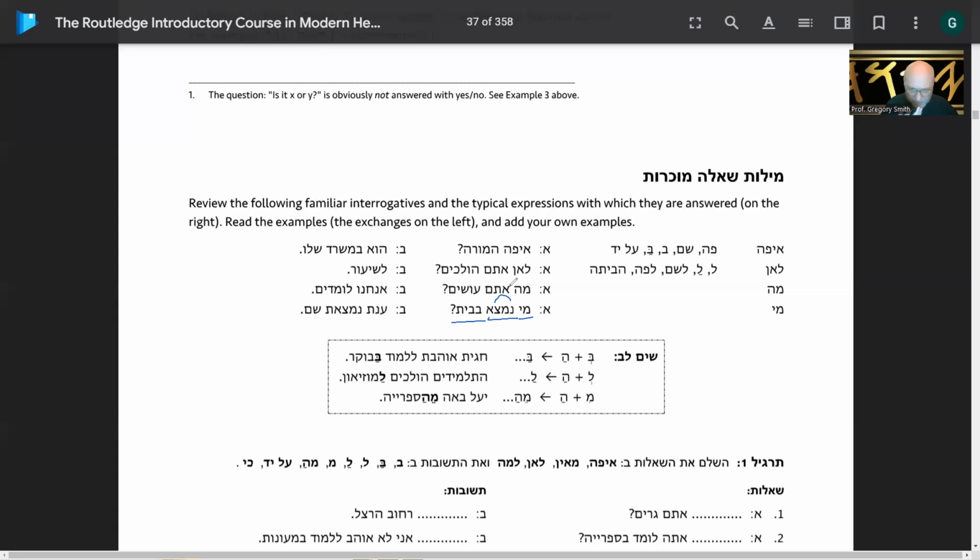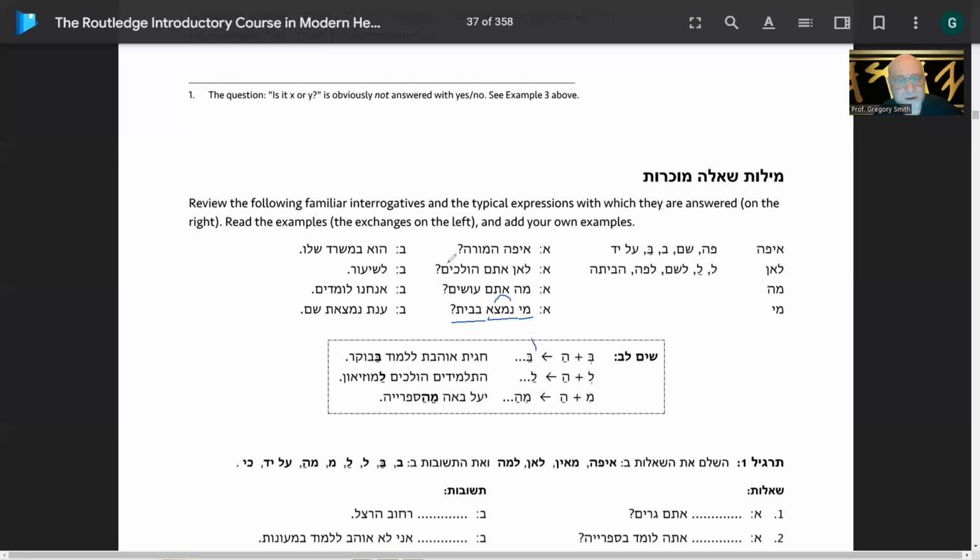Mi nimtza babayit. Yeah. Who is available or located at home? מי נמצא בבית? Yeah. Mi nimtza babayit. Who is at home? In other words, it has to do with available or located.